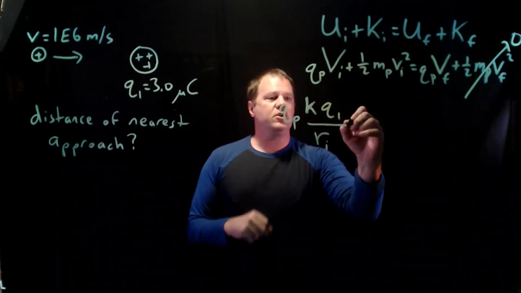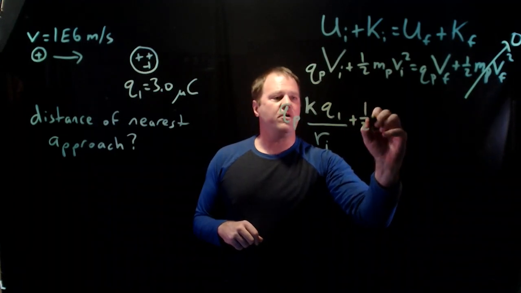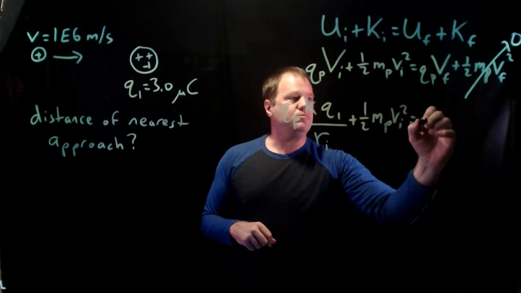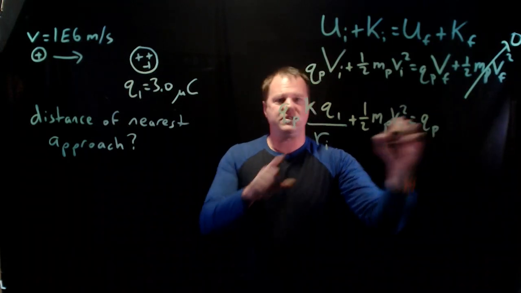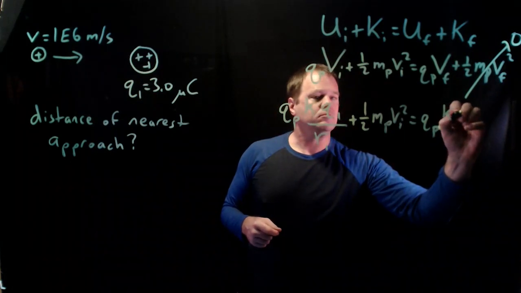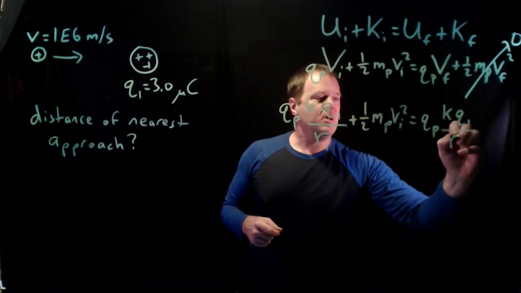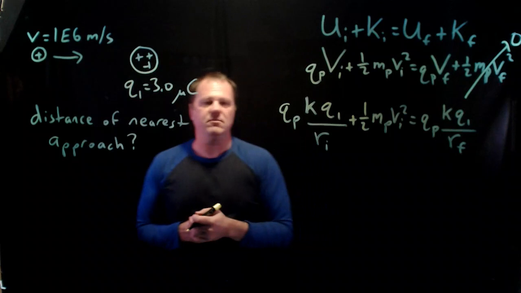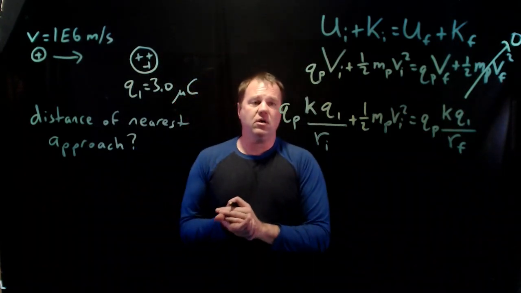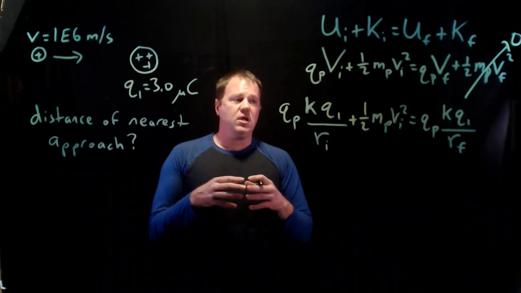Initial kinetic energy, we'll just leave that alone. And then we'll throw in the similar formula, but instead of R initial, it'll be R final. Still quite a mess of symbols flying around. There's one more simplification we can do before the algebra.